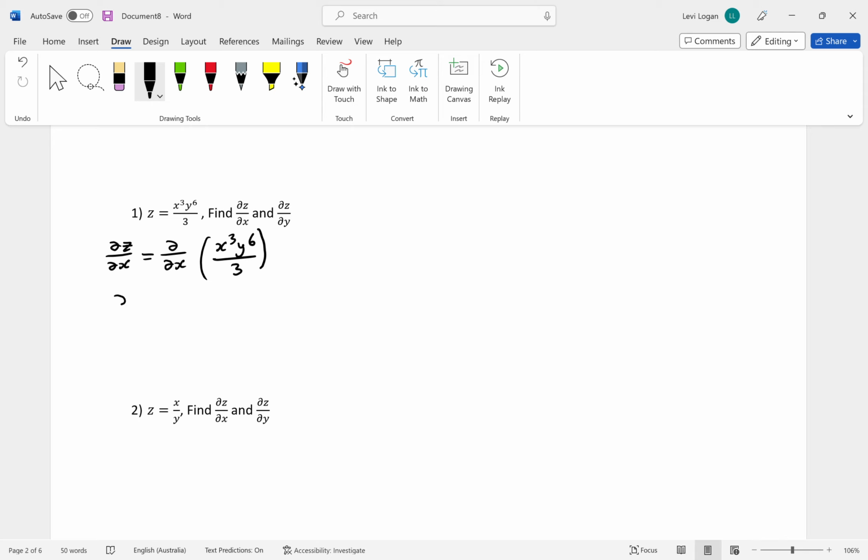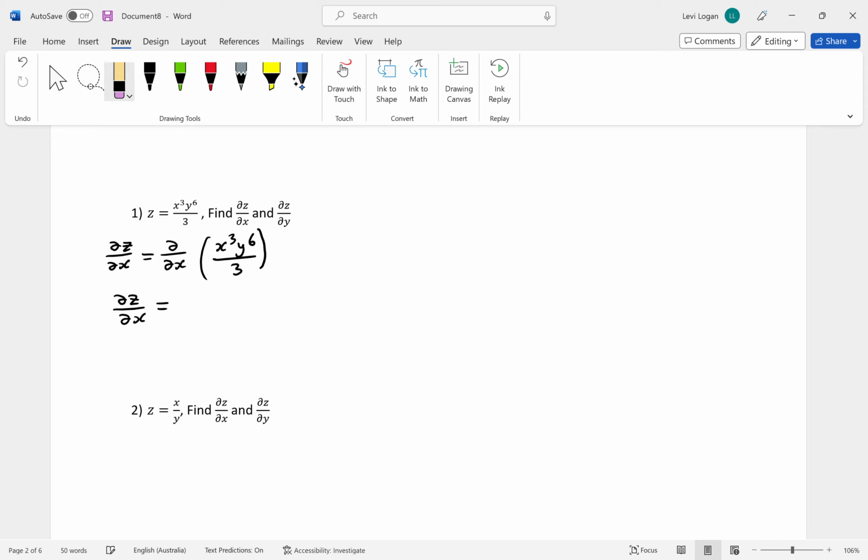So we're going to have delta z over delta x equal, if you differentiate, the only thing I'm looking at is the x cubed. So I'm just differentiating that. I don't care what this stuff is. It doesn't matter. It's not an x. It's not important to me. So I'll differentiate x cubed. You bring the 3 down the front and subtract by 1.